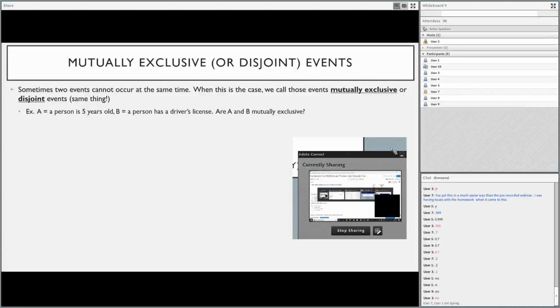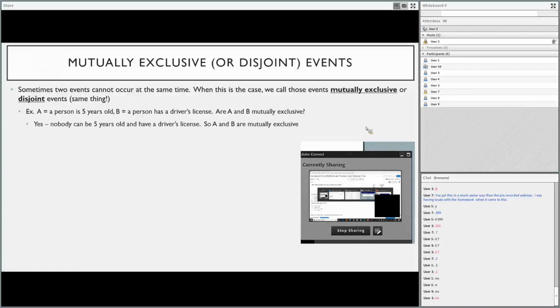That is not possible, right? You cannot have a driver's license if you are 5 years old. So there is no overlap between the groups of being 5 years old and having a driver's license. So that means that these events are mutually exclusive. They cannot occur at the same time.